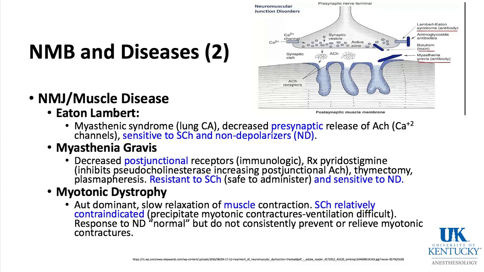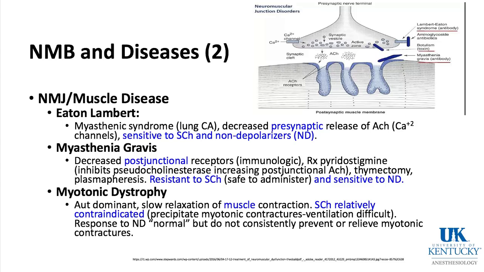They tend to be responsive to non-depolarizers in a normal way, but if they have a myotonic contracture, don't expect rocuronium to relieve the contracture, because rocuronium acts at the neuromuscular junction, the post-junctional receptor, while the disease of myotonia is in the muscle itself.